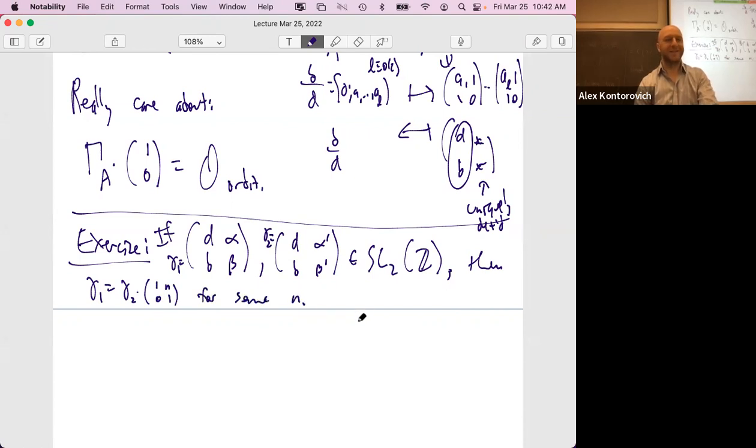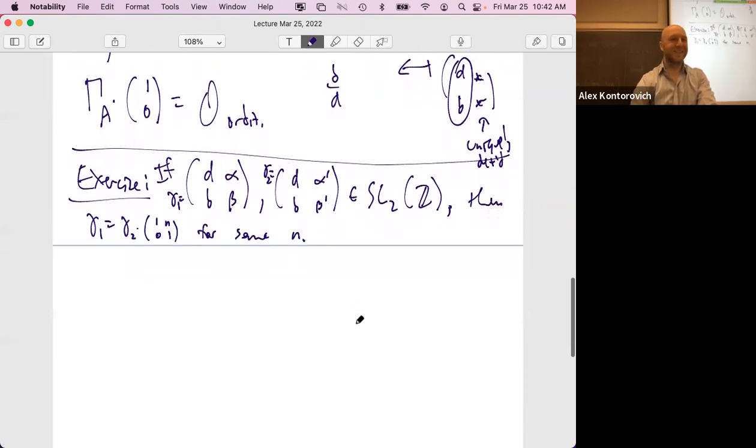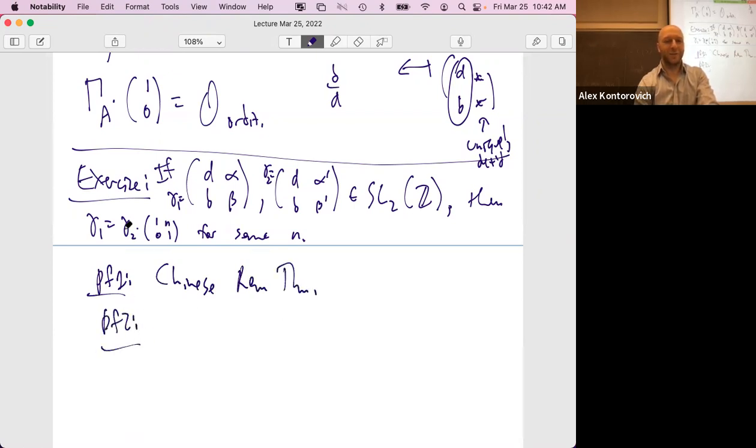You get a one-parameter set of solutions to this thing being equal to one, and then they're all off by a simple multiple. Proof 1, I guess I'm solving the exercise for you. Proof 1 is exactly what you said, Chinese remainder theorem. Proof 2 is, well, if that's what's supposed to happen, then let's compute gamma 2 inverse times gamma 1.